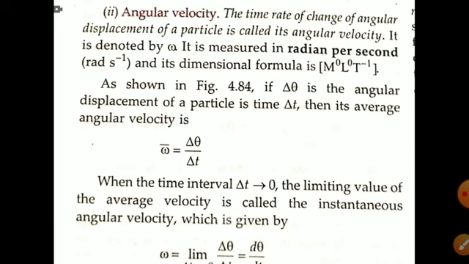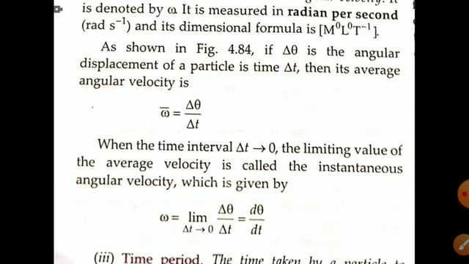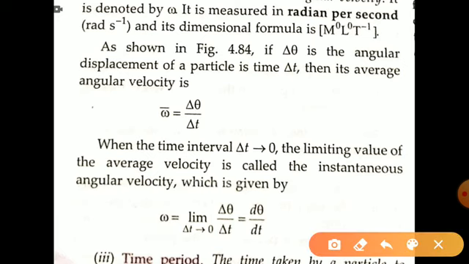Now, what is angular velocity? Angular velocity is the ratio of angular displacement to the time taken, or you can say the angular displacement traveled by the object in a given time. So you can write it as omega is equal to delta theta by delta t. Delta theta is angular displacement, and this is a very small change of time.